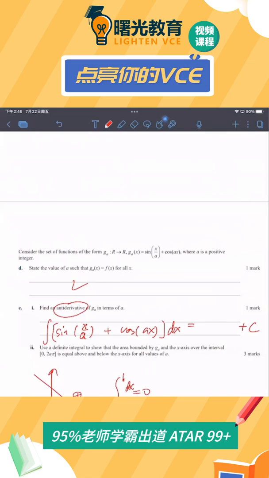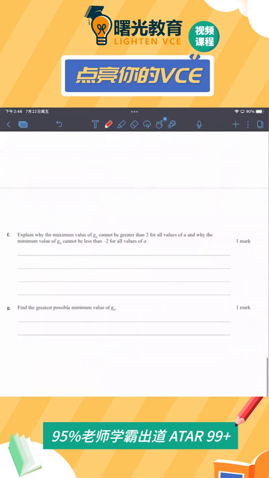From -1 to +1. So the maximum of sine is 1, the maximum of cosine is 1, the minimum of sine is -1, and the minimum of cosine is also -1. Let me ask you one question. Can you add the two numbers and get greater than 2, when each one is not even greater than 1?